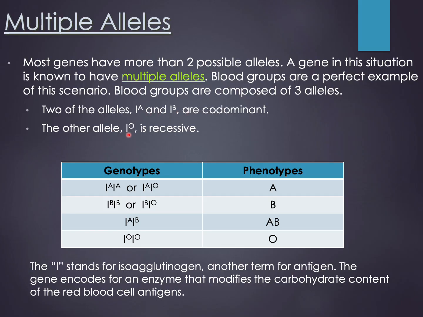The other allele is the capital I with a superscript of the O. This is recessive. The I stands for isoagglutinogen. It's another term for an antigen that's going to code for an enzyme that modifies the carbohydrate content of the red blood cells.